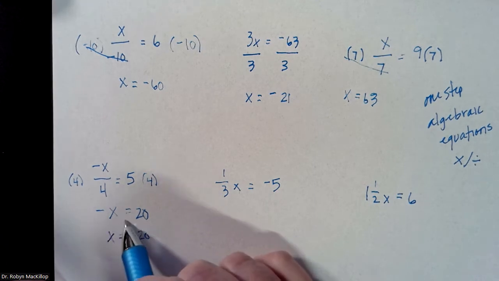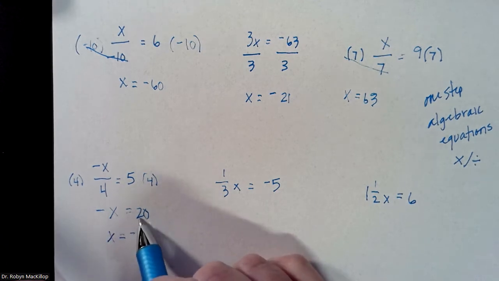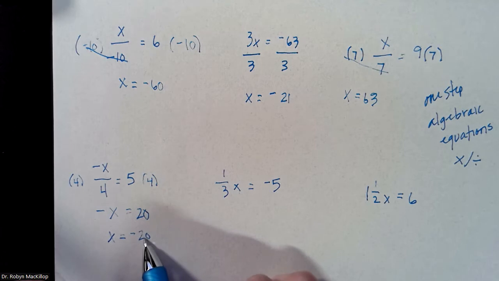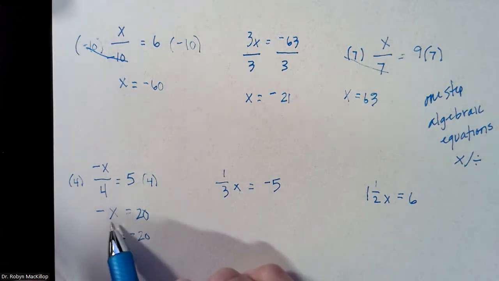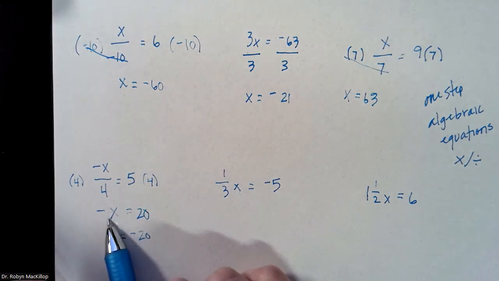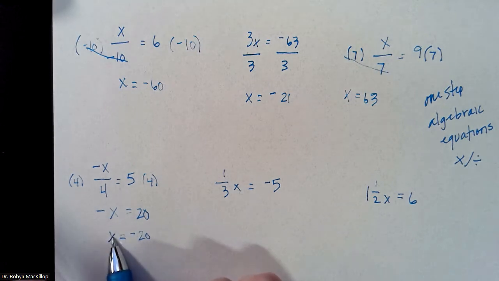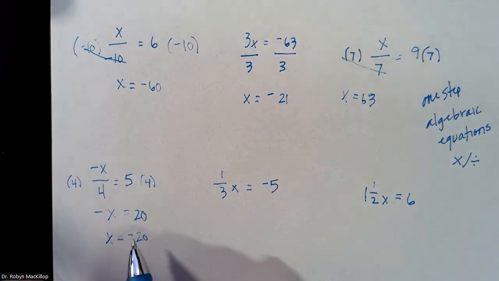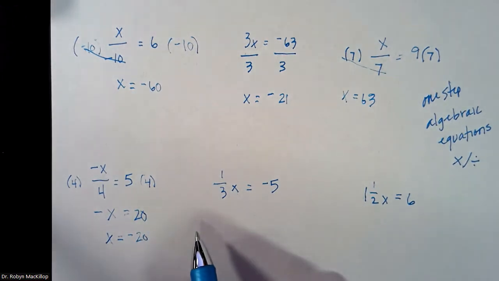So negative x equals positive 20 will not be on your answer sheet, but x equals negative 20 will be. So if you solve a problem and you end up with a negative variable, flip the variable and flip the number. Perfect.